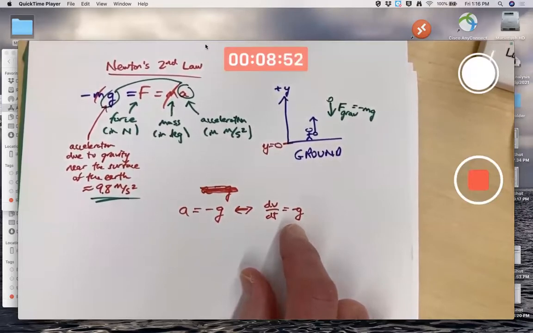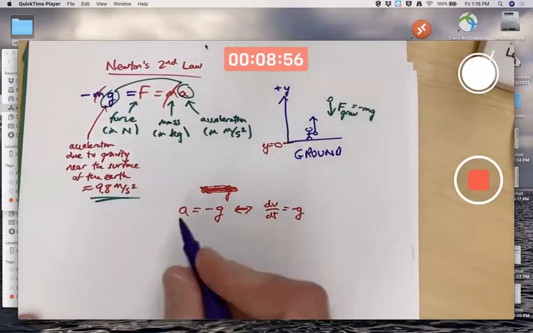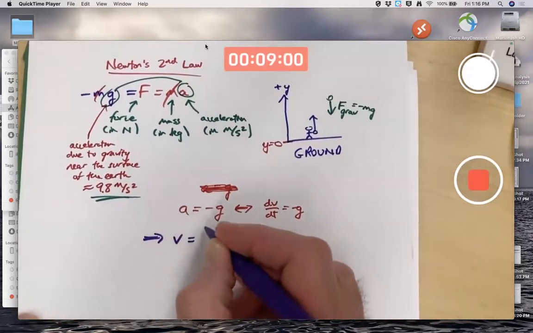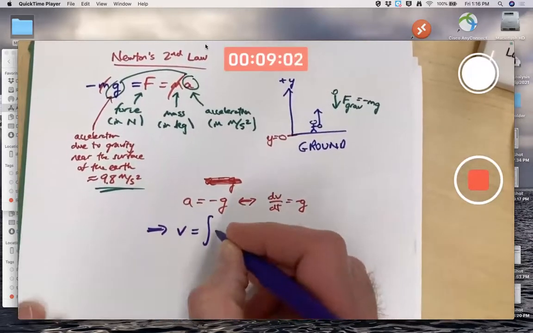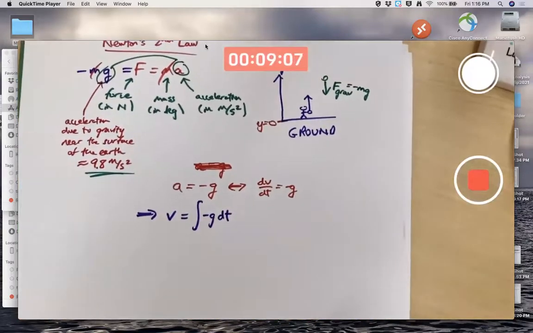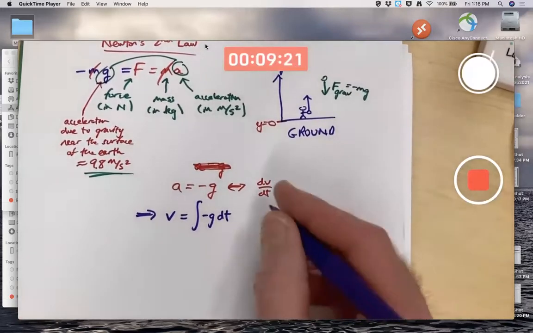So this is now a review of indefinite integrals. I could take this equation and I could write it in this form. V equals the integral of negative g dt, where negative g is a constant. Go ahead and pretend it's negative 9.8 if you like, but I want to allow for it to not be, perhaps here, to allow for me to think about this, say, on the moon or on Mars or something. That's a constant.